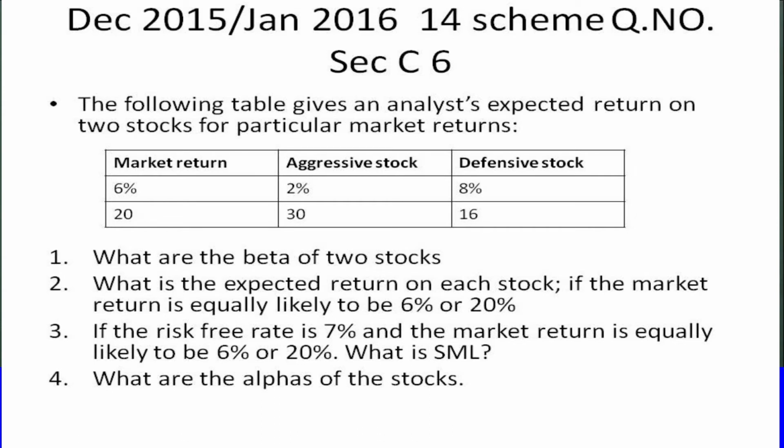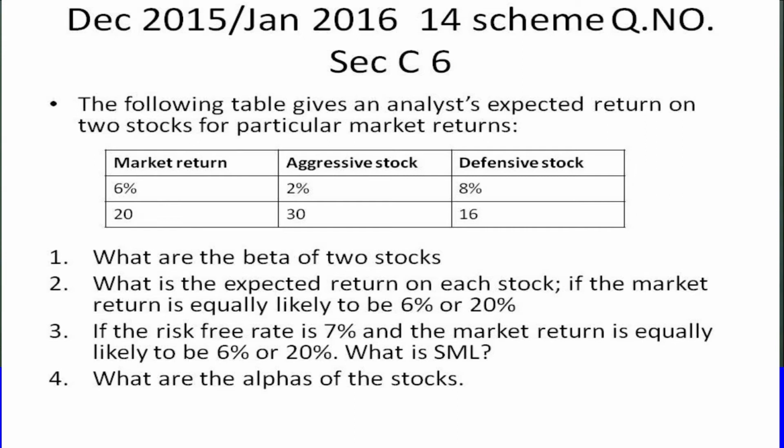Question 1, we have to find the beta for aggressive stock and defensive stock. Second, what is the expected return on each stock, if the market return is equally likely to be 6% or 20%?